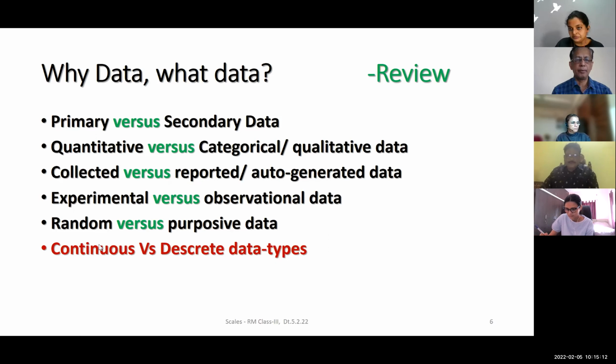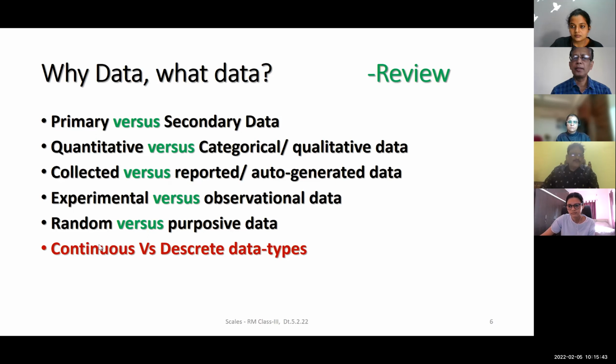Say case one, what we discussed in our last class, biting strength in session number 1. Biting strength, Divya, is what? Discrete or continuous, and why? Divya? Yes, sir. Good morning, sir. It could be continuous.